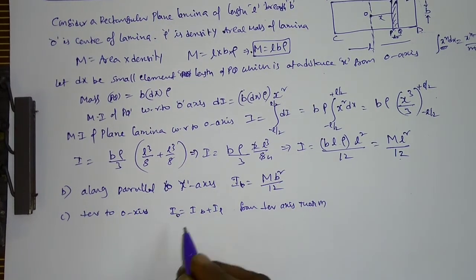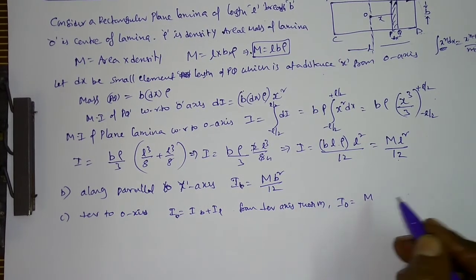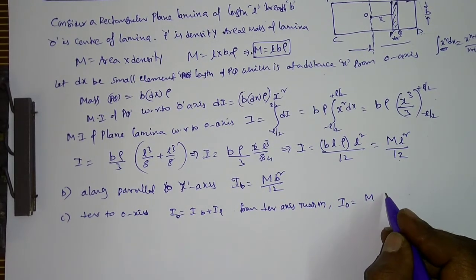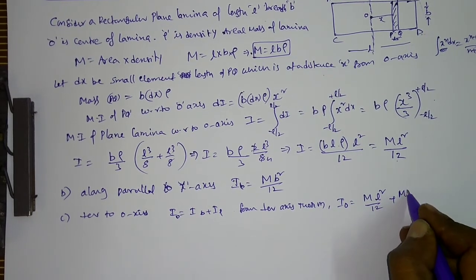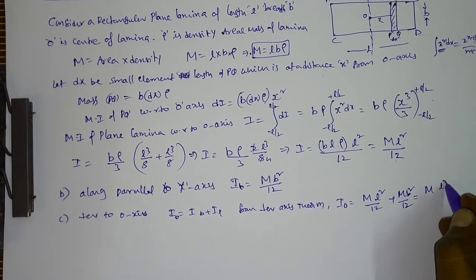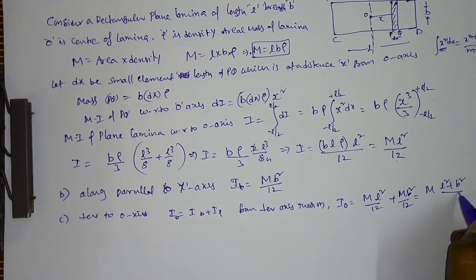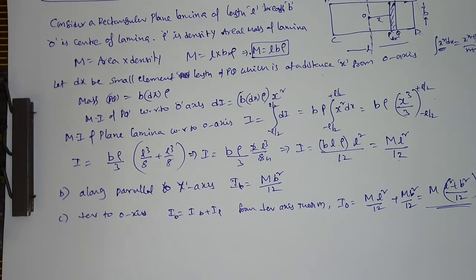Or simply you can use the formula I naught is equal to ML square by 12 plus Mb square by 12, or take out M: M times L square plus b square by 12. This is the moment of inertia for the plane lamina perpendicular to the plane.